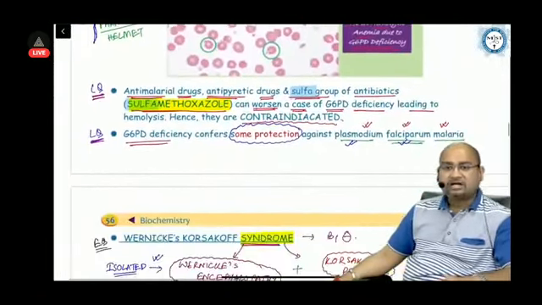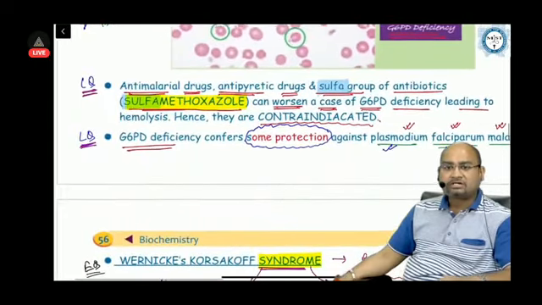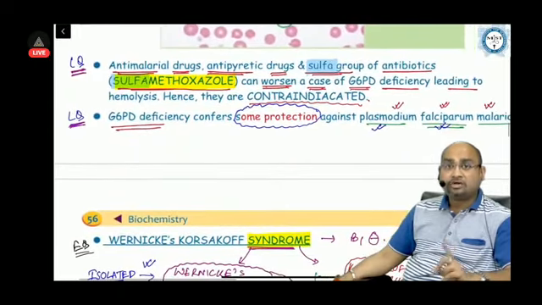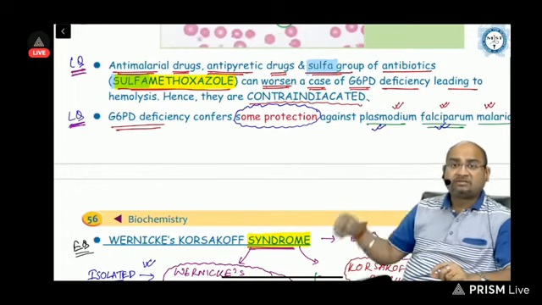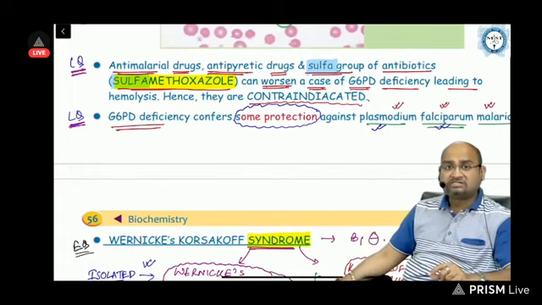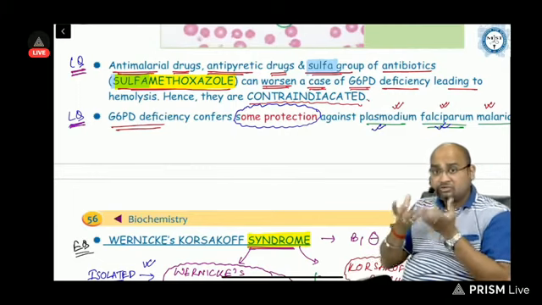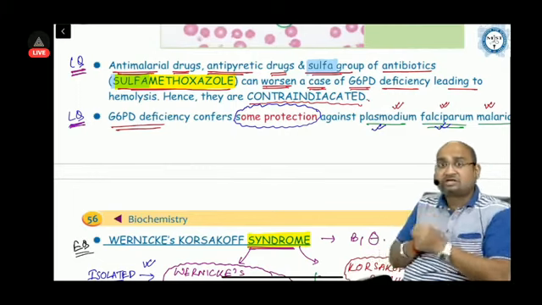Antimalarial drugs and antipyretic and sulfa group of drugs are contraindicated because they can lower the level of reduced glutathione. And Plasmodium falciparum, my dear friends, basically needs the reduced glutathione for its own survival.